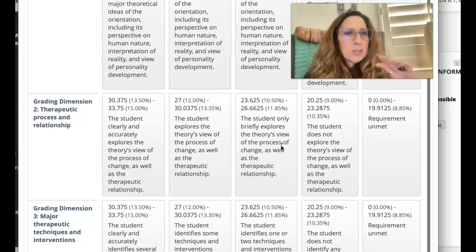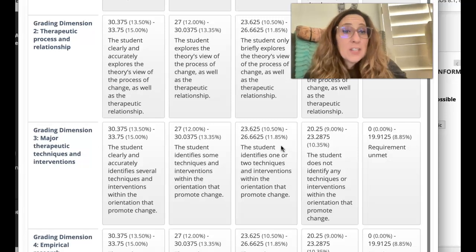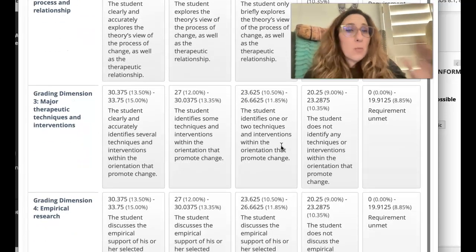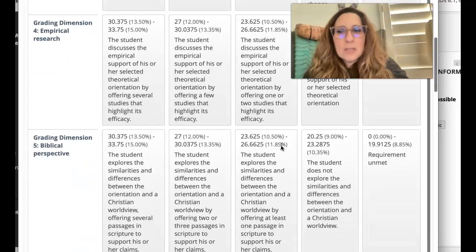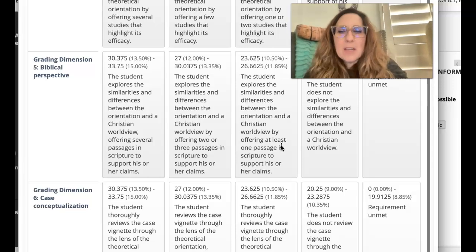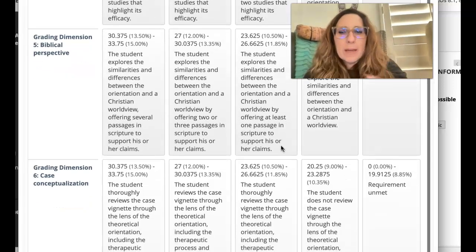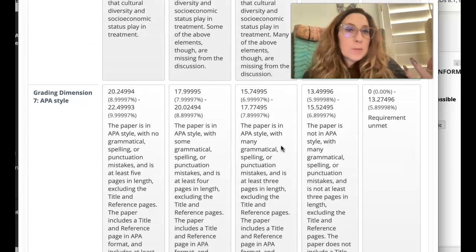And so you're going to be talking about that. What are going to be the techniques and interventions that you'll use based on the model and what's going on with the family? What is the research that's found on using this model, the biblical perspective, and then overall the case conceptualization. And it's supposed to be APA.